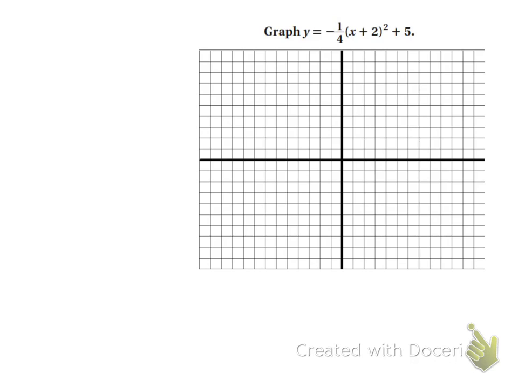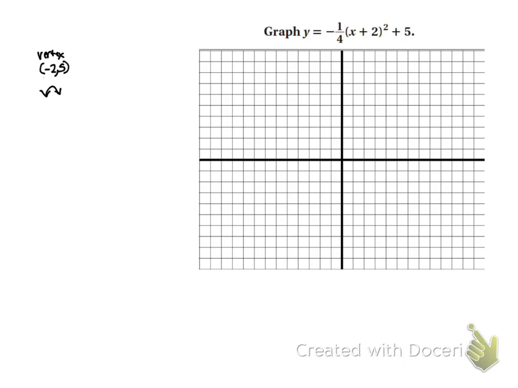So to graph this one, we need to jot down a few things. The vertex is negative 2, 5. The direction is a frowny face because it's negative. It flips.